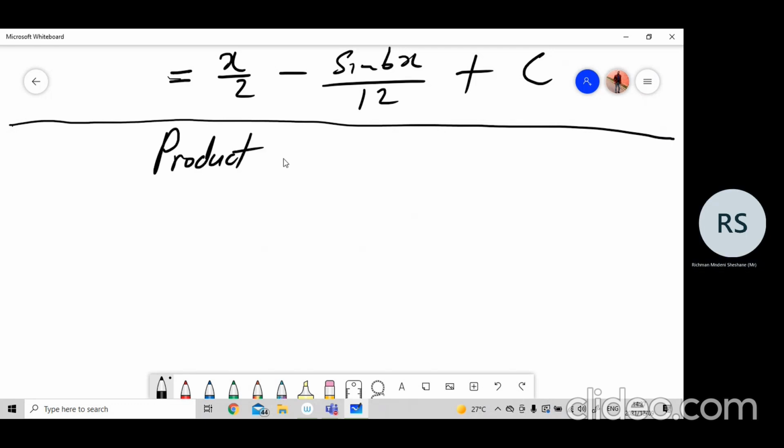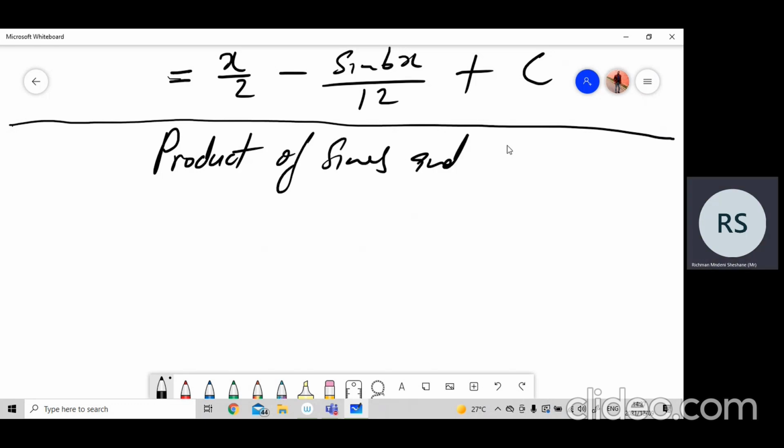Product of sines and cosines. There are four identities that we're going to use here.